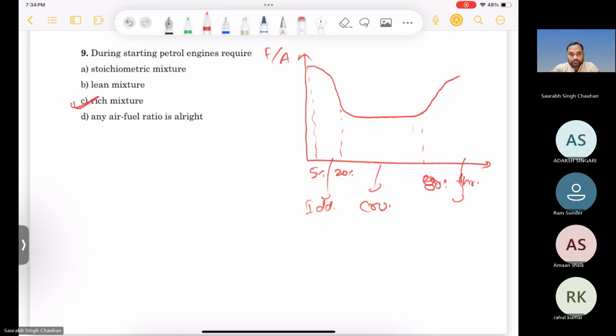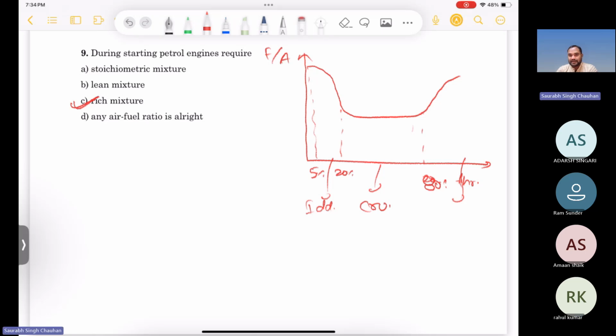Starting means you are starting your bike, you just turned on your switch. Most of the time when we say cold start, we mean that initial temperatures are very low, and to ignite the fuel when the temperatures are low, it is difficult, right? So we say it is a cold start.